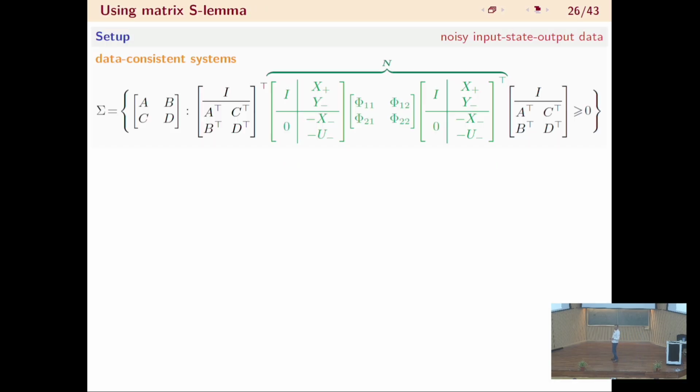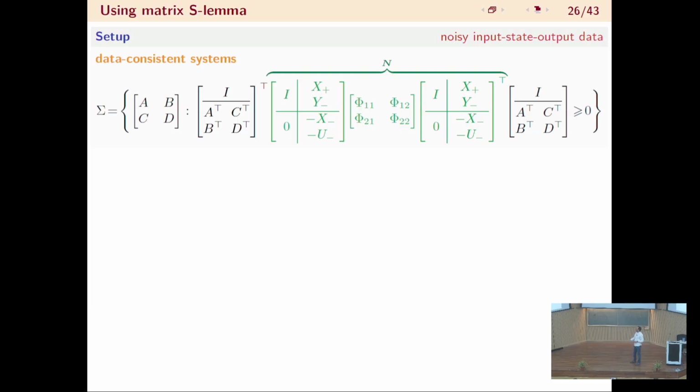Now, let's look at the bigger picture again. I have this quadratic matrix inequality, which gives me data consistent systems. Let's say this green matrix is N. And it contains, as usual, the noise model and the data.